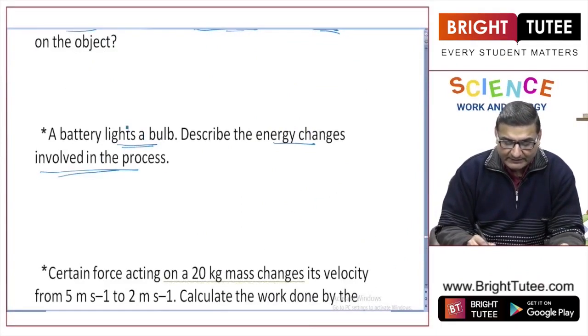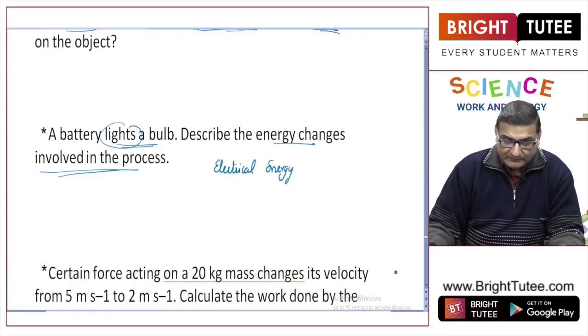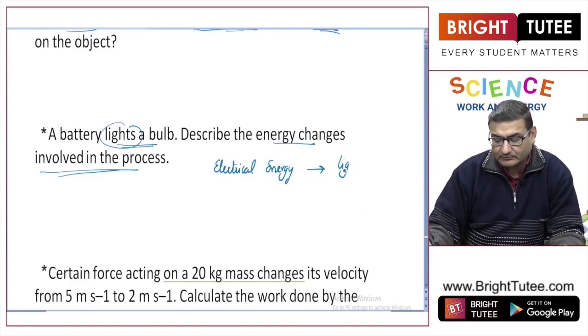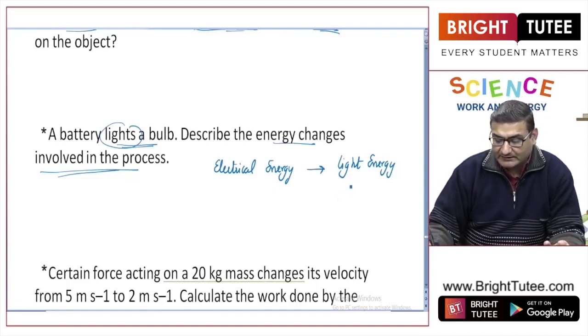Now, when we light a bulb, we provide electrical energy to the bulb, right? Fine. So, when this electrical energy is supplied to it, we see that the bulb glows. So, it is converted into light energy, and if you touch the bulb, you will find that the bulb has become a bit hot. That is why we can say that a bit of heat energy is also being produced.